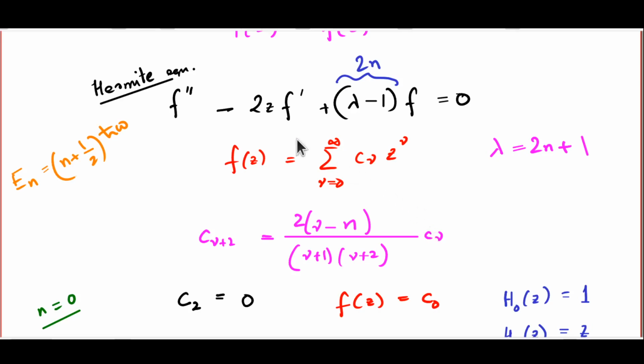Of course, this equation being linear, if a particular polynomial satisfies this, then any multiple of that polynomial also satisfies this, which is the reason why the overall constant C0 in this case, C1 in the next case, will remain undetermined. So we can choose C0, C1 to have specific values, and once we make specific choices, we will get what are called the Hermite polynomials.